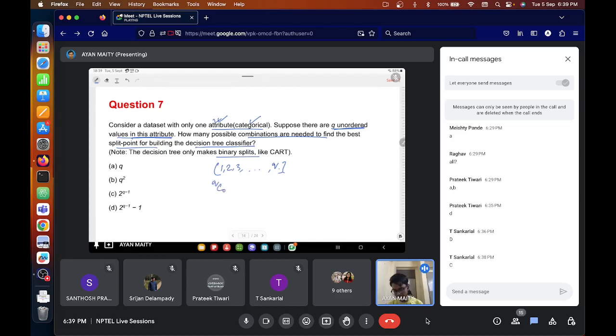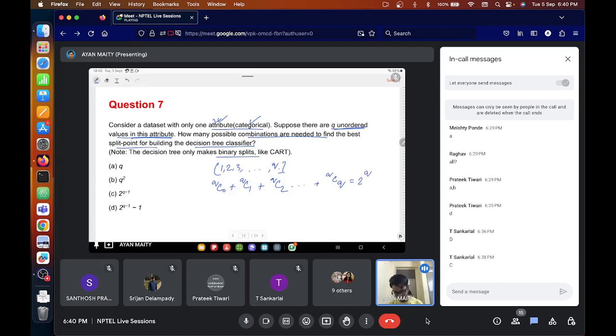QC0, which is we are selecting 0 elements, so all the elements are in only one split. QC1, only one element we pick, and all the other q minus 1 elements are in the other split. QC2, like this, up to QCQ.